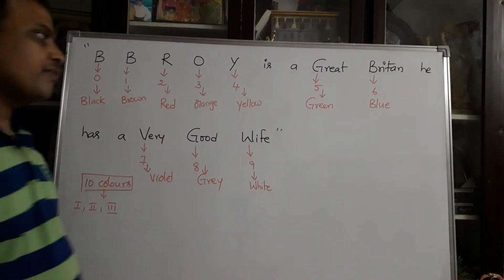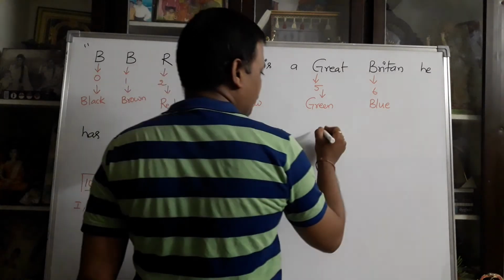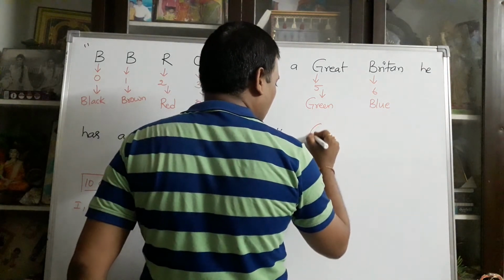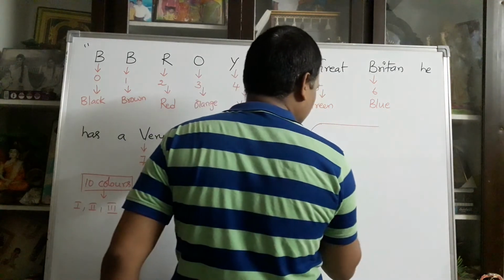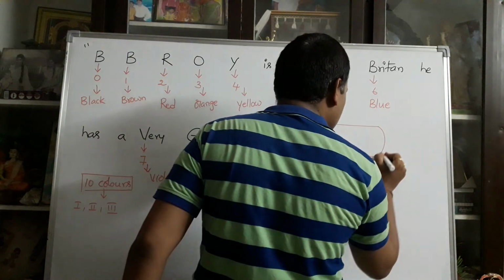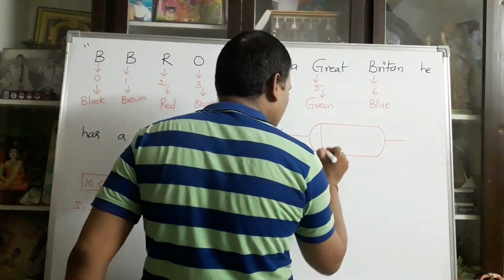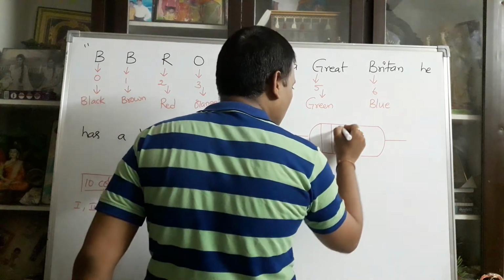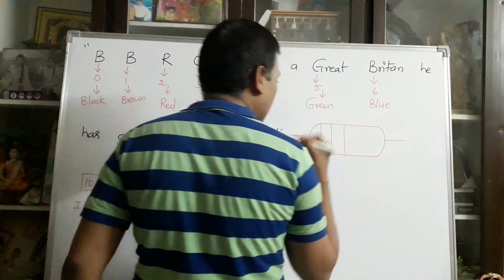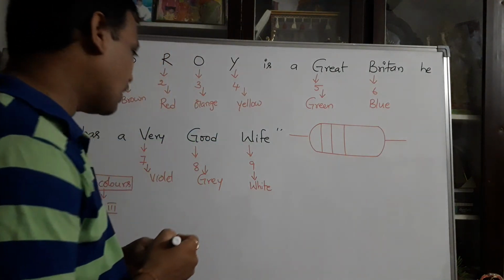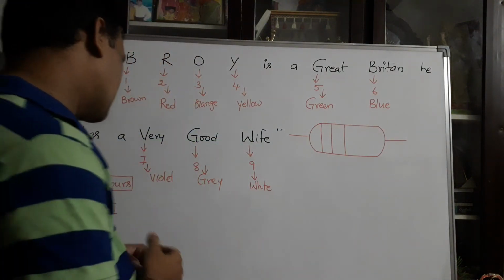How to know the fixed value resistor? Suppose you have one resistor like this. These have different colors. I am writing only 3 colors; based on these 3 colors you can explain the fixed value resistance.